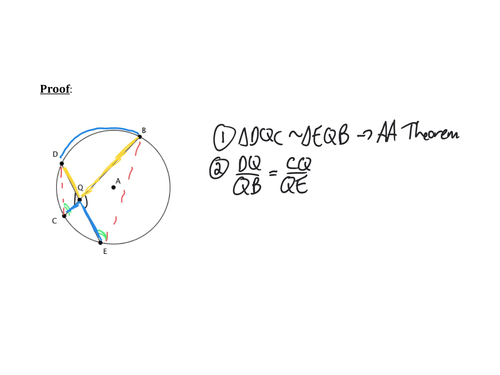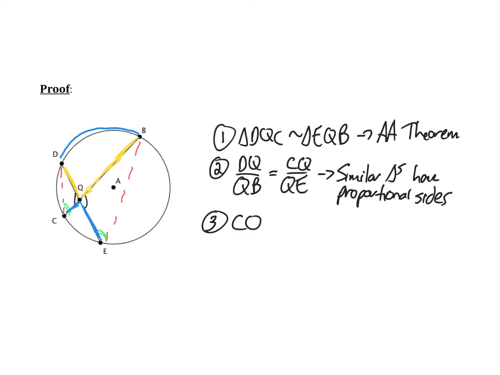So what would my reasoning be? I might say that similar triangles have proportional sides. And then given that, we could just quickly cross multiply and say that CQ times QB is equal to DQ times QE.